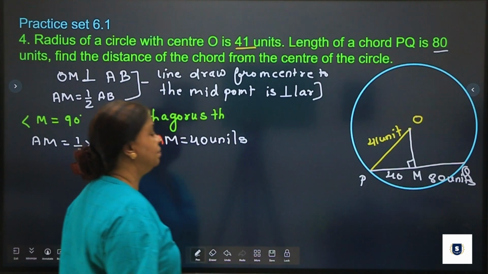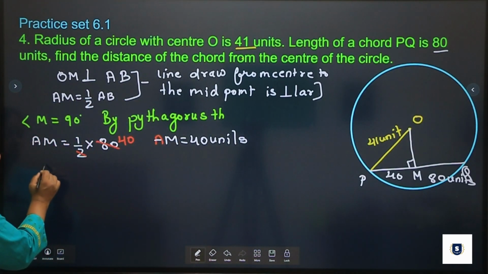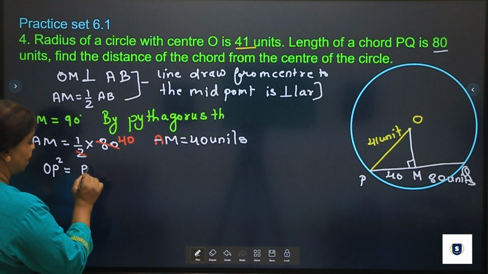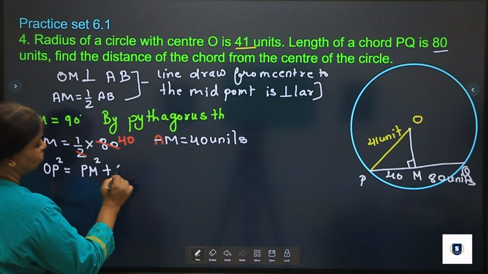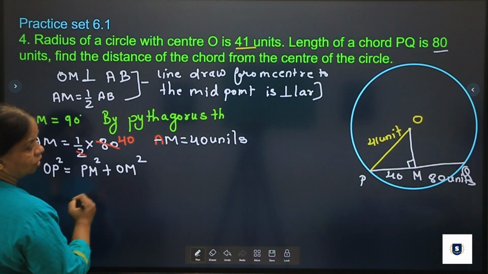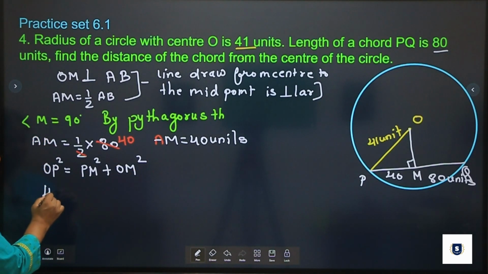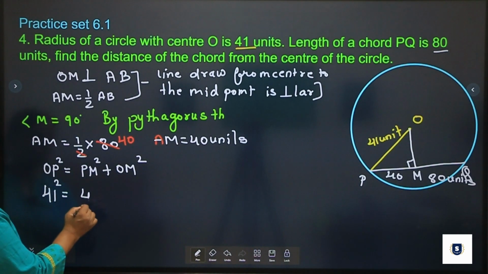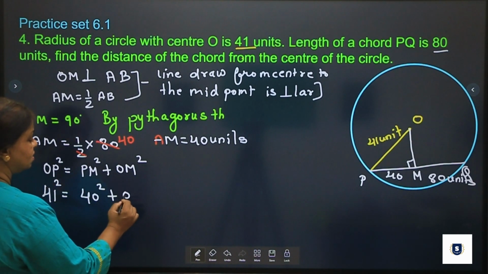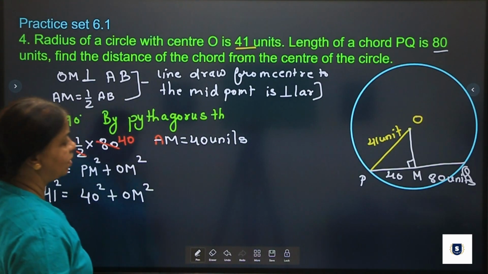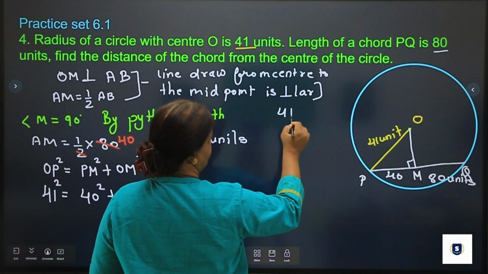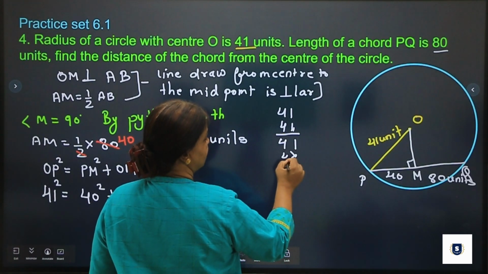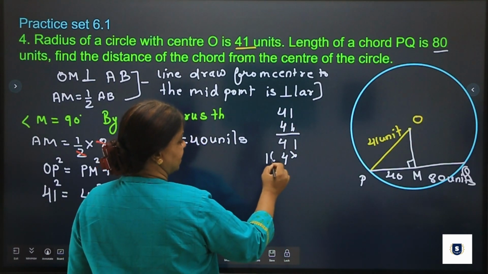We can find out OM by Pythagoras theorem. OP square is equal to PM square plus OM square. How much is OP? 41 square is equal to 40 square plus OM square. 1 ones are 1, 1 fours are 4, 4 ones are 4, 4 fours are 16.